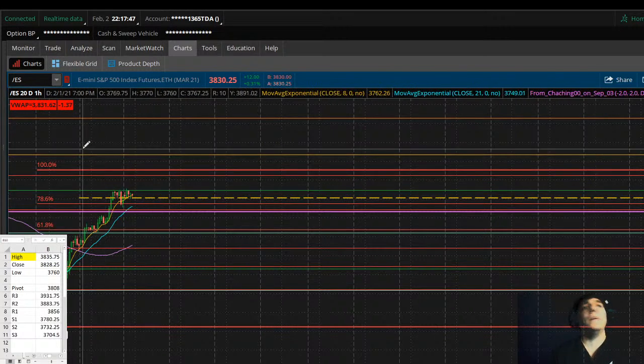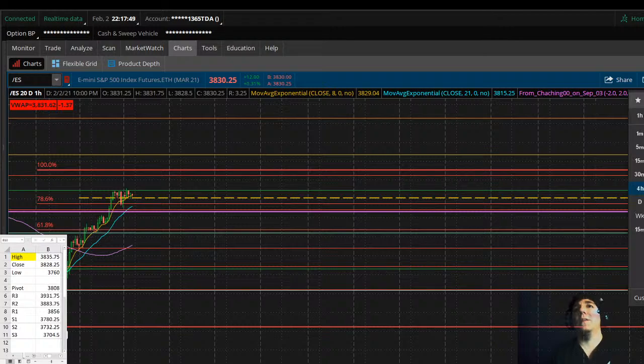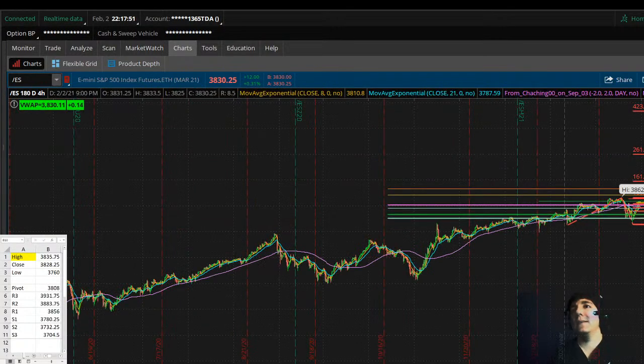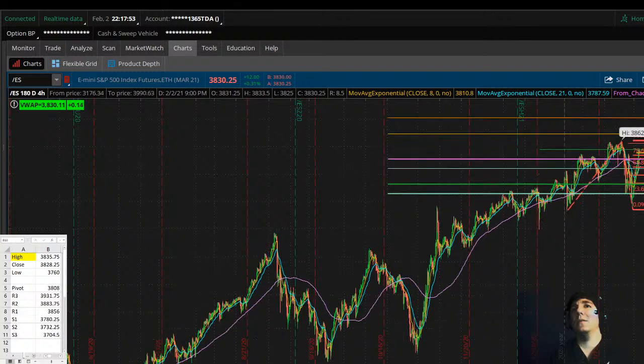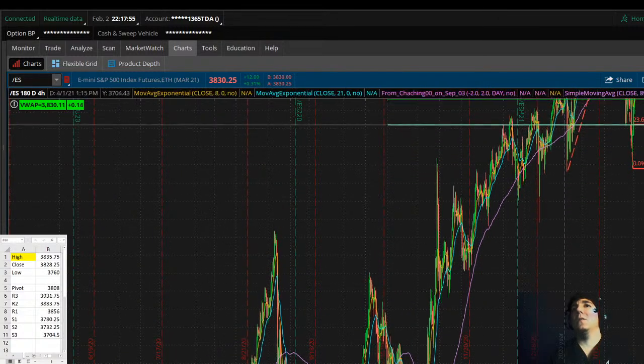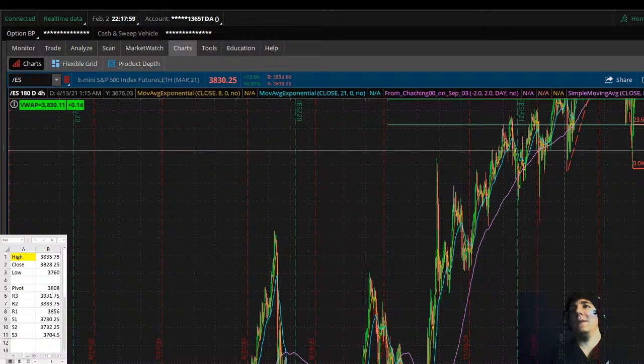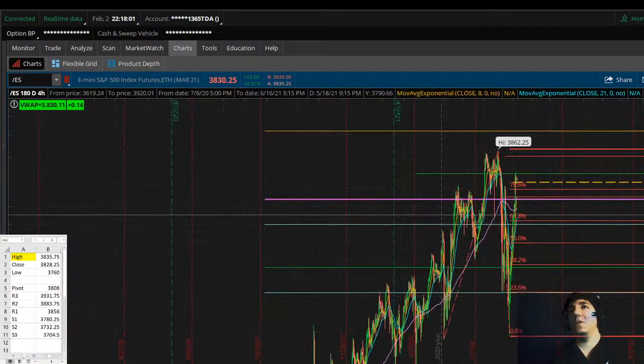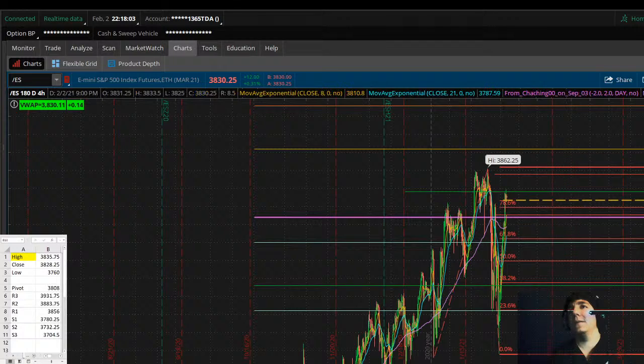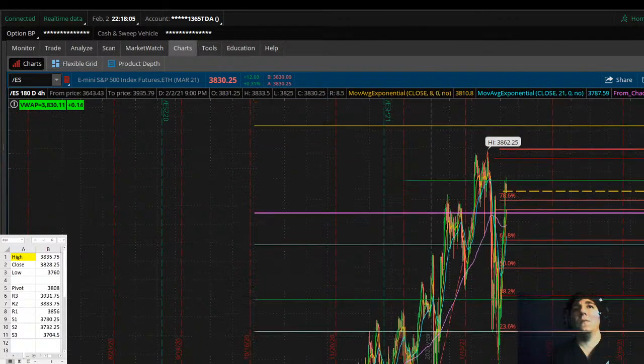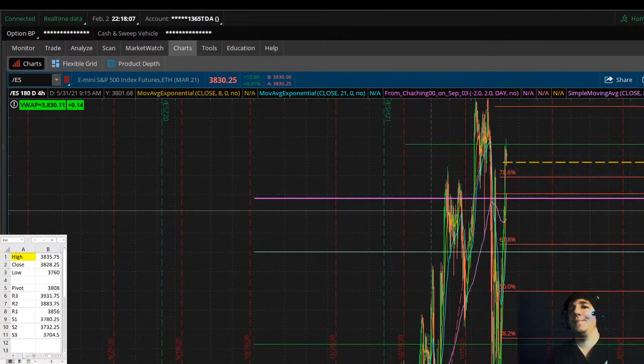So what I'm going to do now, I'm going to take a 4 hour so I can see this a little bit better. Let's see here. And I'm actually going to shade in the value area so that we can see it a little bit better.